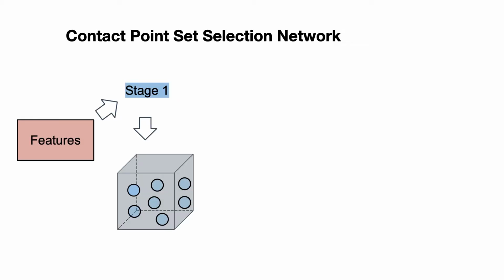Given an n-fingered gripper, our contact point selection network has n stages. In stage 1, our model first predicts the probability for each object point. The probability is whether the point belongs to a contact point set. Then our model ranks the points of the object and selects the top K1 points.